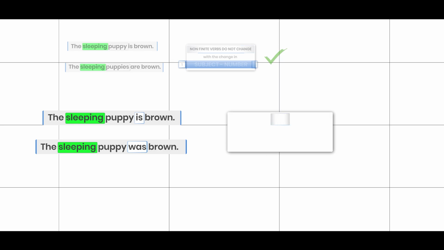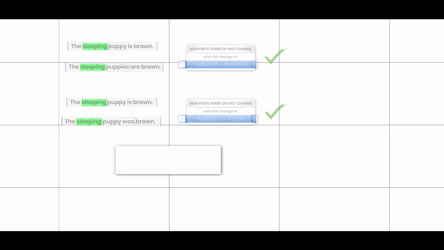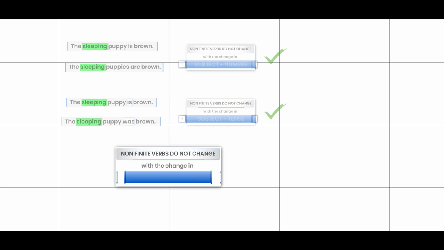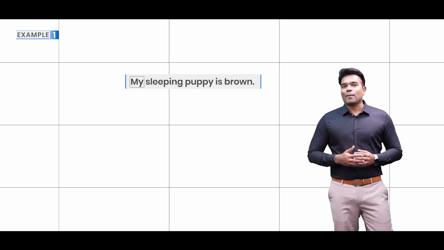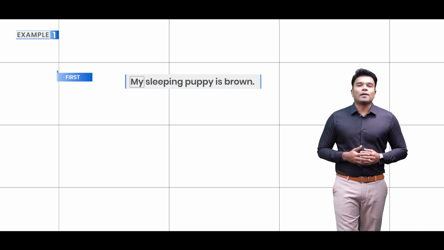Not just with respect to the tense of the sentence, let me tell you that these happen to be such verbs that do not change even when the subject person changes. Well, what I mean to say is, have a look at this sentence. The word my indicates that this sentence happens to be in first person.